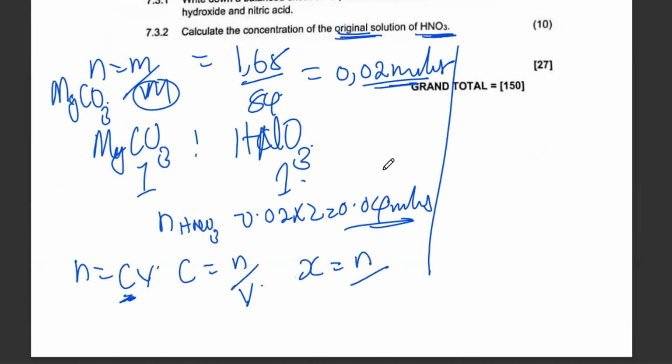Therefore, it's going to be 0,039. Do you understand? So if I cross multiply, my number of moles is going to be equal to 0,039x.